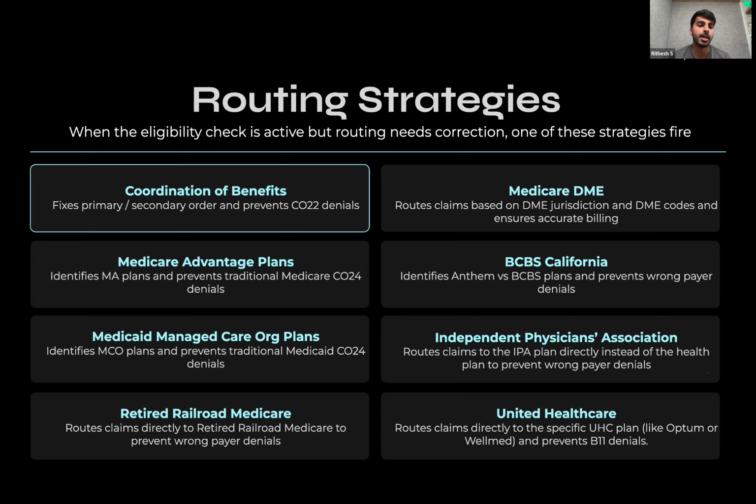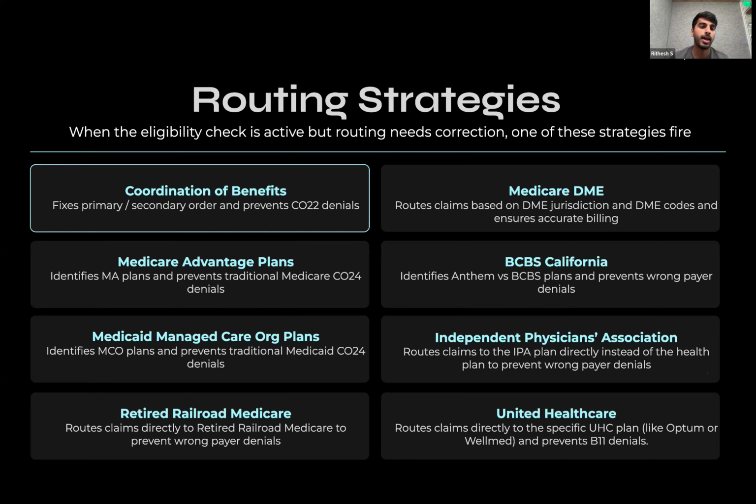In the eligibility check, there are a lot of scenarios where they tell you who's the right primary payer. We do have cases where primary and secondary is swapped for the patient, and you want to ensure that the benefits are coordinated so that you can prevent CO22 denials. So we look at this data within the eligibility check to fix that order and submit the claim to the right insurance on the first pass.